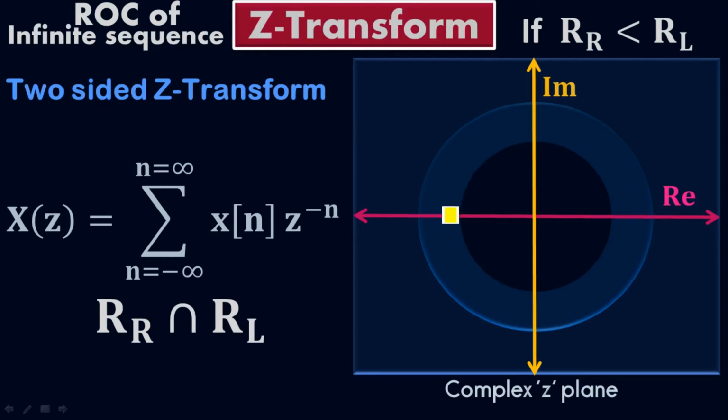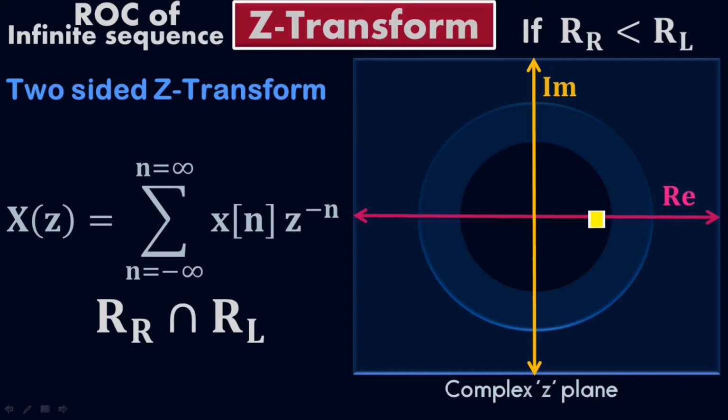Except for this combined region, whatever place you take is not the region of convergence. The region of convergence is only this combined part. Therefore, we can say that the region of convergence for the two-sided Z-transform is the intersection of the right-sided radius and left-sided radius. Intersection means the combined part for the left-sided and for the right-sided.